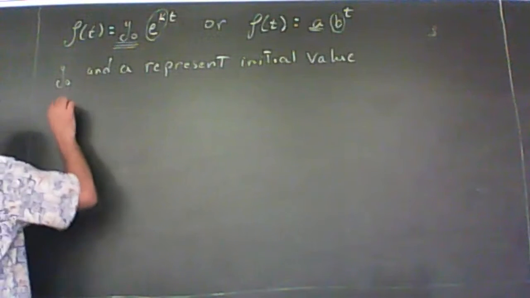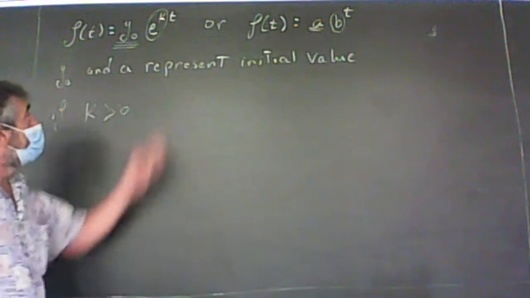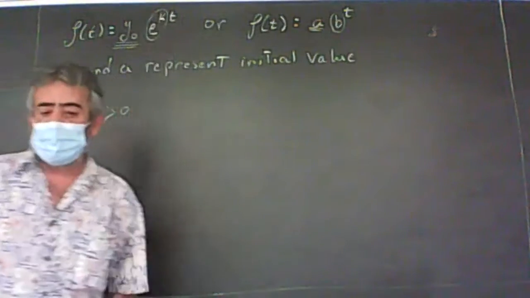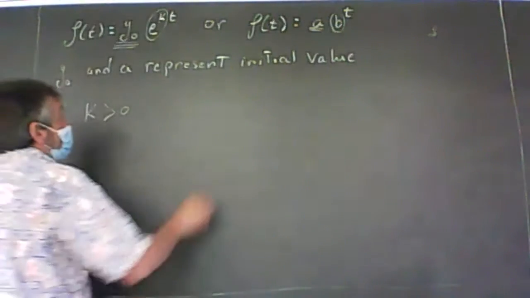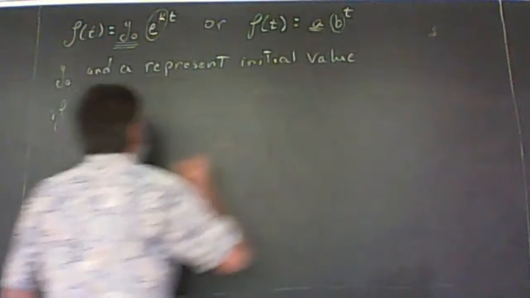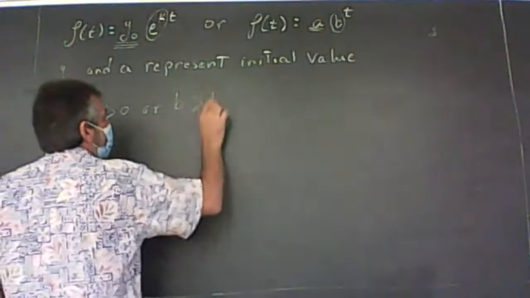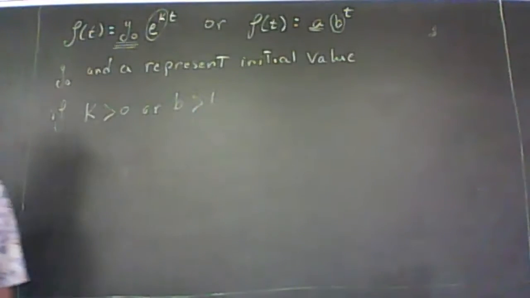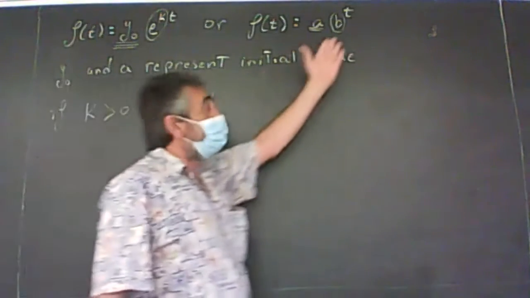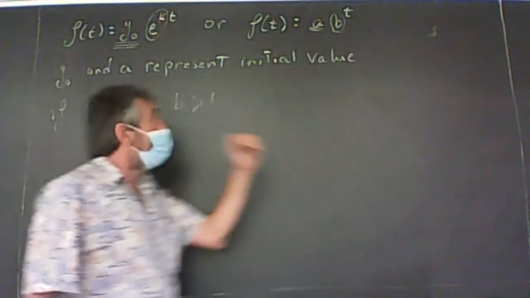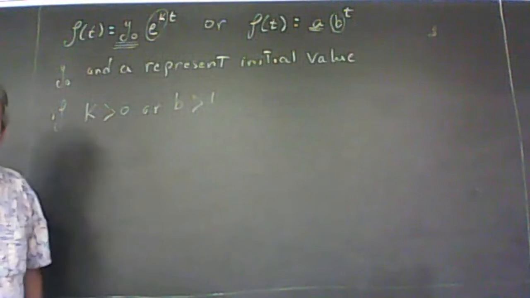If k is greater than 0 in this equation, and in that form b is greater than 1, yes? In this form we're talking about k greater than 0.